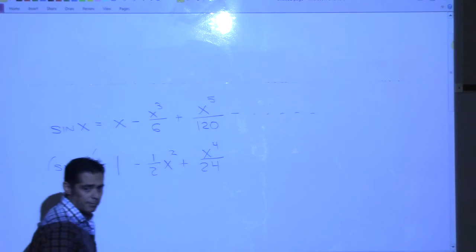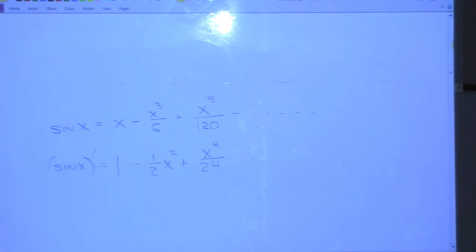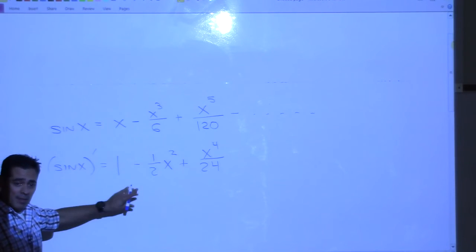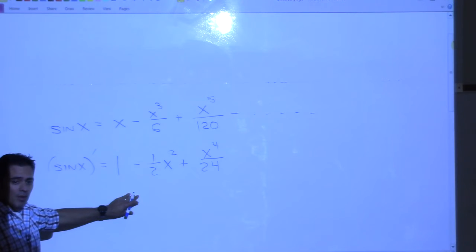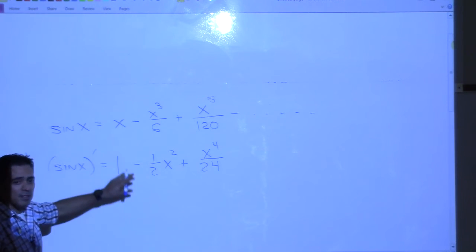How would you do tan of x? Great question. Tangent of x would be this series divided by this series. So how would you divide this by this?